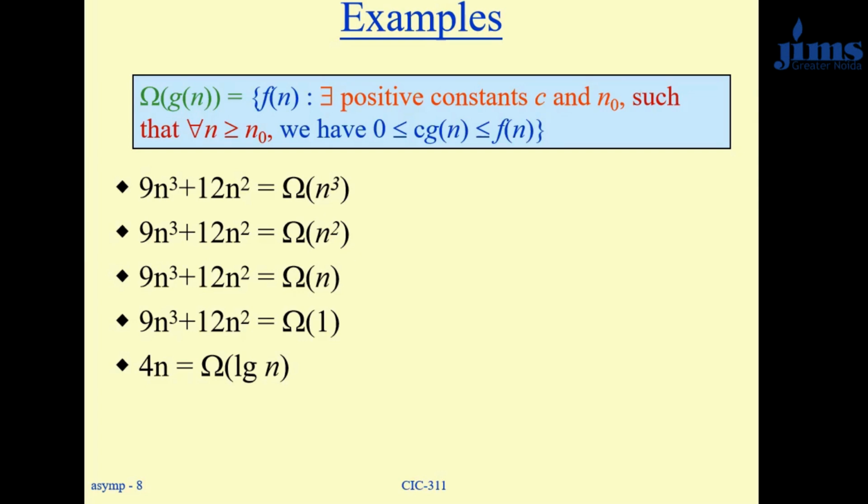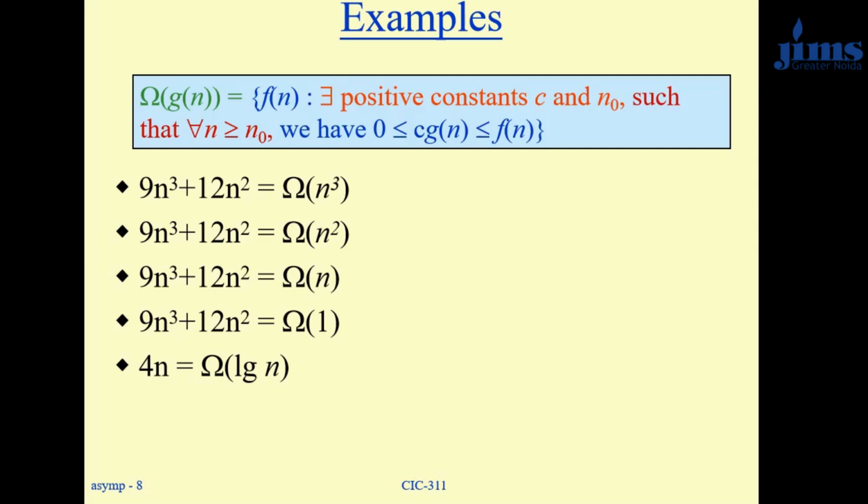Similarly, for the big O notation, the degree of the function g(n) should be greater than that of f(n). And in the similar fashion, the degree of g(n) is supposed to be smaller than that of f(n) if we want to establish the criteria of an omega notation. In this example, the degree of the function 9n³ plus 12n² is 3.